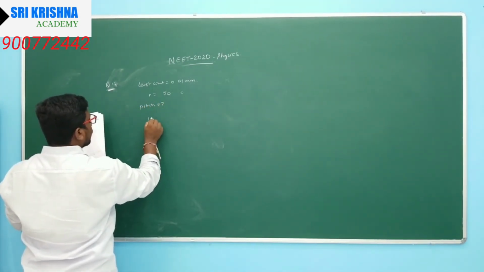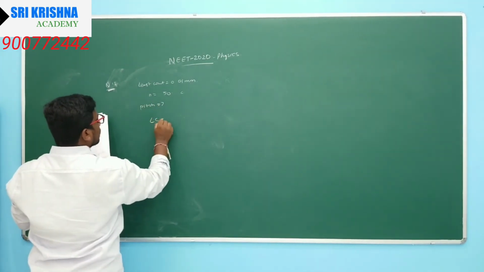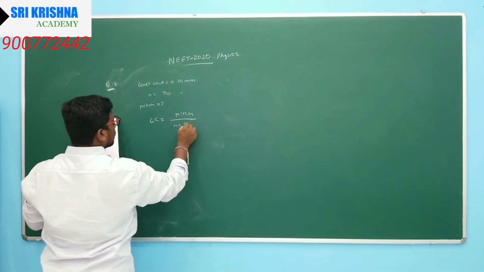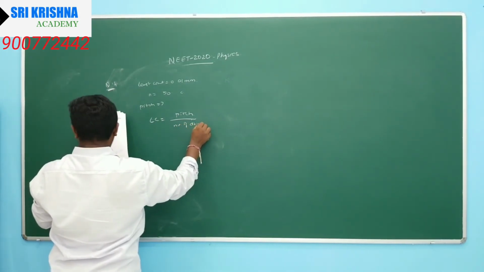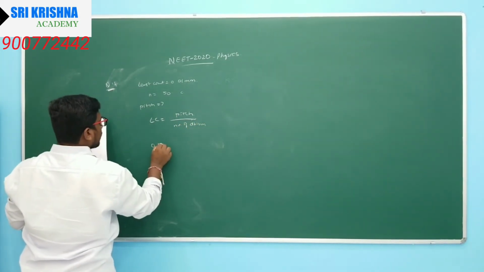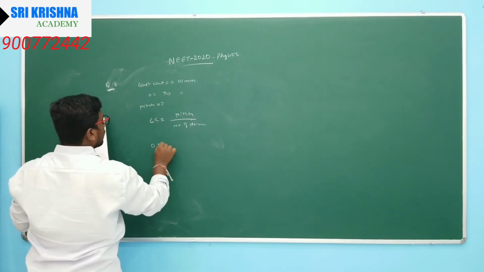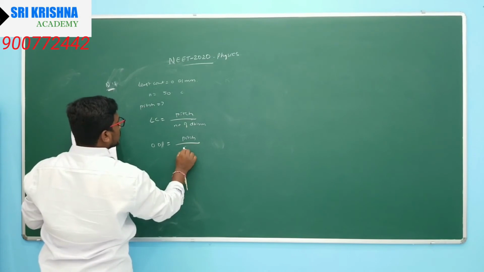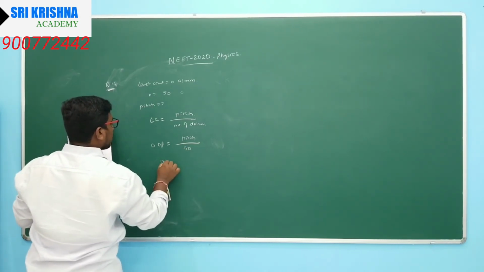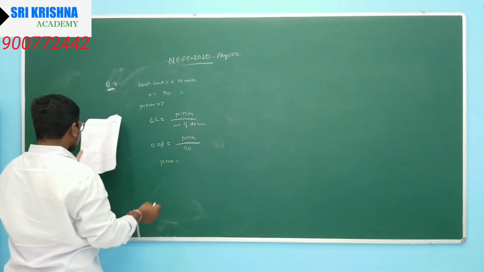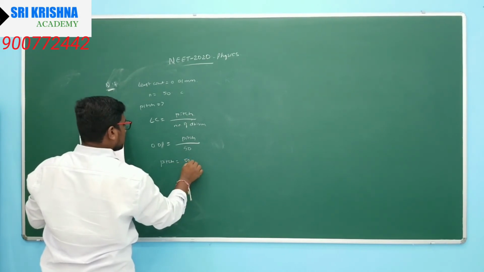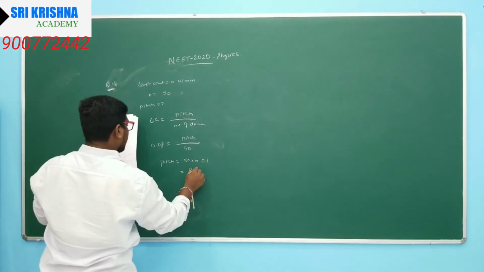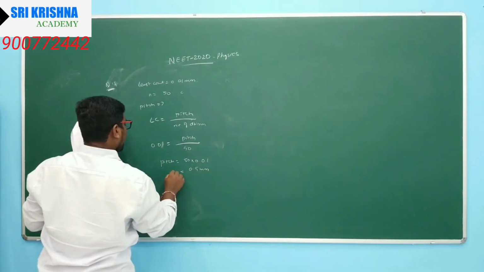We know the least count formula: least count is pitch divided by number of divisions. So 0.01 is equal to pitch divided by 50. So the pitch value is 50 into 0.01, which is 0.5 mm.